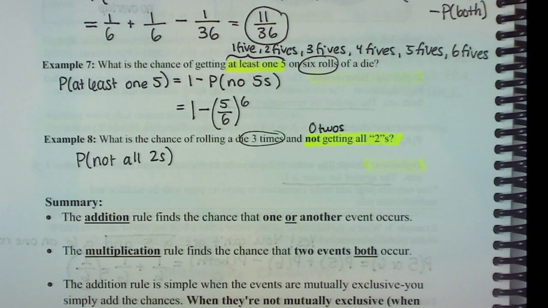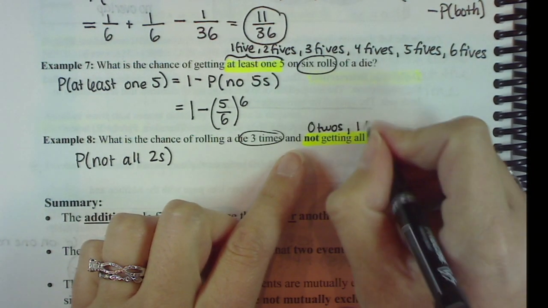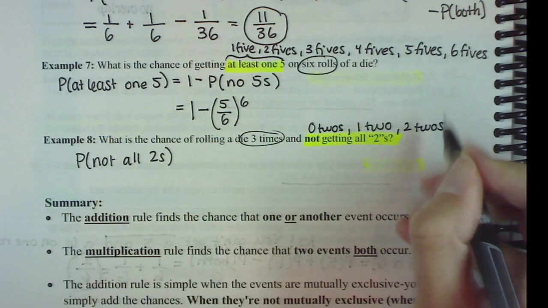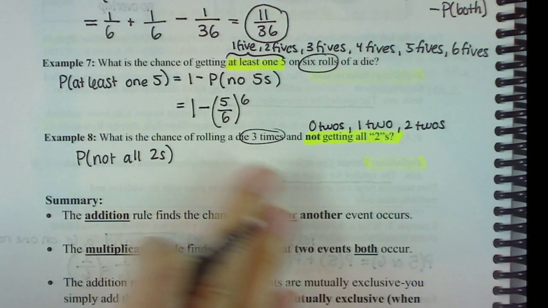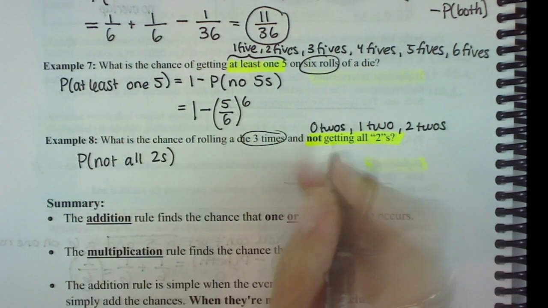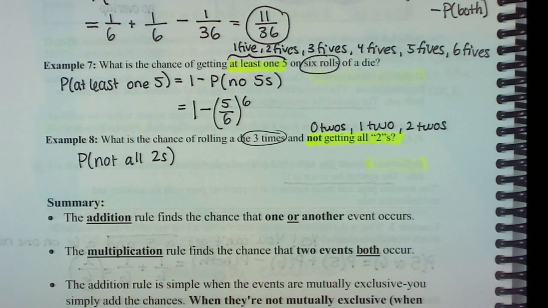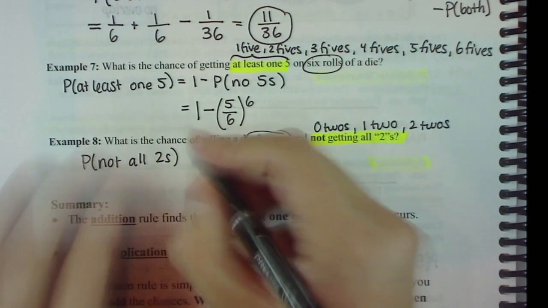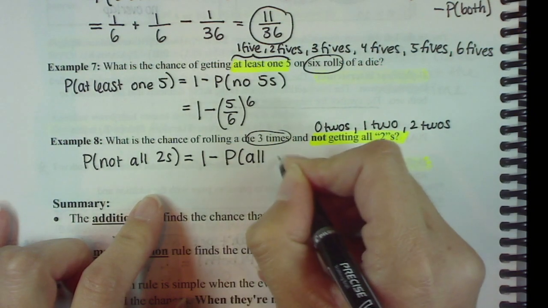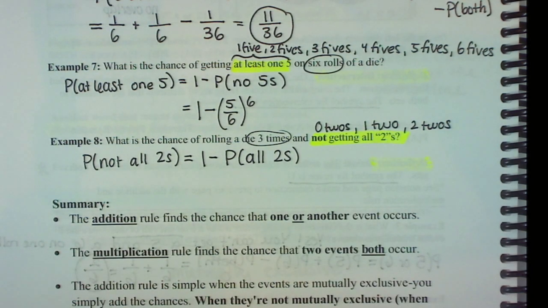So 0 2s, that would be not all 2s. I could get 1 2. I could get 2 2s. The only thing that doesn't include the not all is getting all 2s. I couldn't say that 3 2s, if I roll 3 times, is not all 2s. So instead of finding 3 different probabilities, I'm just going to do 1 minus the probability of getting all 2s.